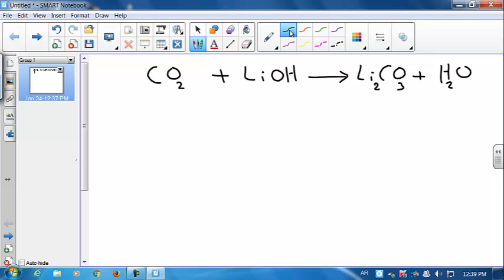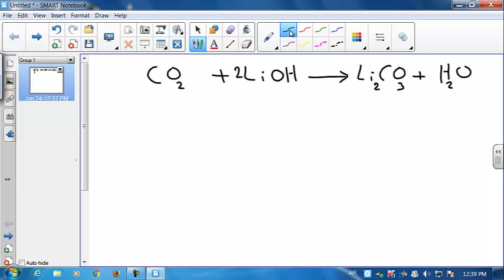So step number one is to balance the equation. You have to make sure that the equation is balanced. Here you have lithium 2, so you have to multiply this by 2. Now carbon is balanced, lithium is balanced, 2 and 2. Let us see the hydrogen. Hydrogen is also balanced, 2 hydrogen here and 2 hydrogen here.